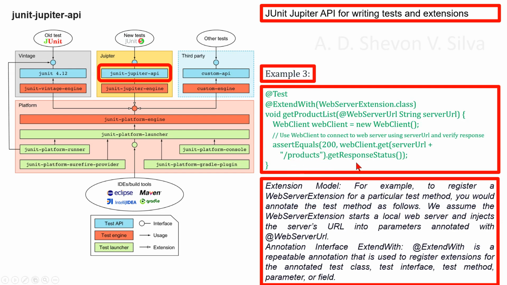As an example 3, we can consider the extension model. For example, to register a web server extension for a particular test method, you would annotate the test method as follows here. We assume the web server extension starts a local web server and injects the server's URL into parameters annotated with at web server URL.